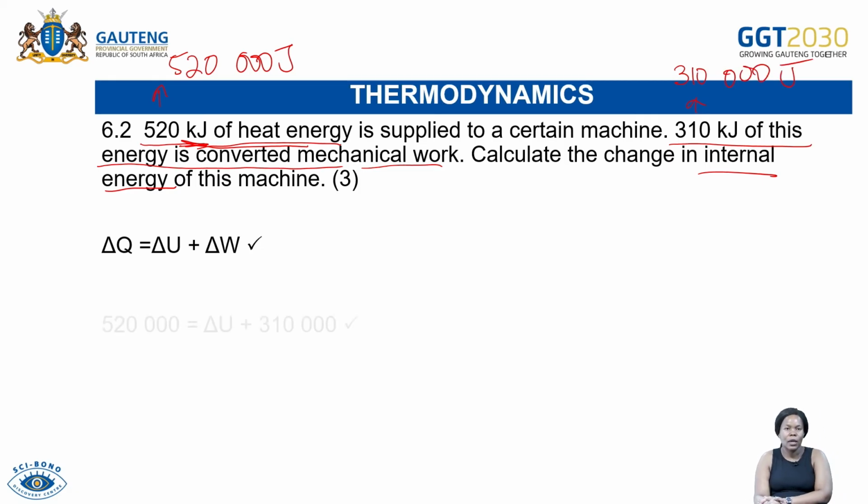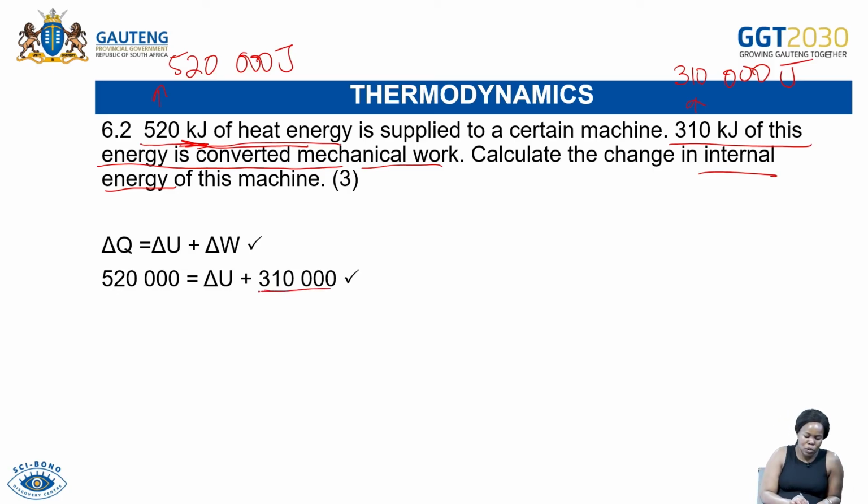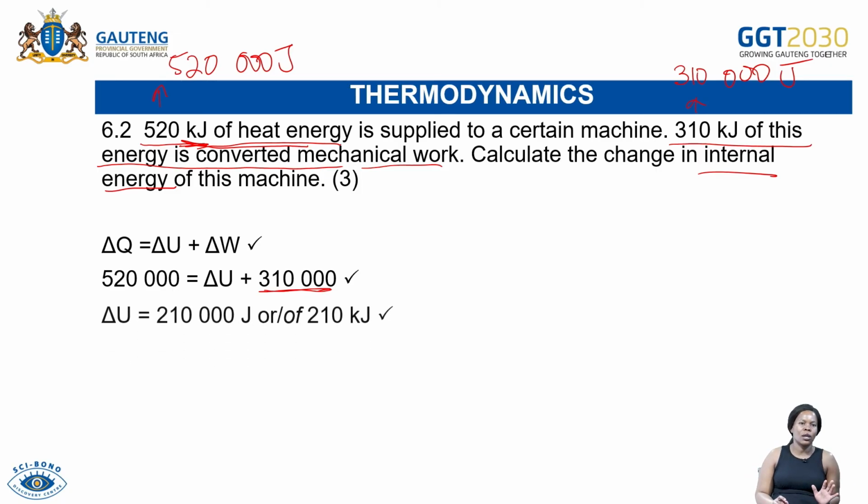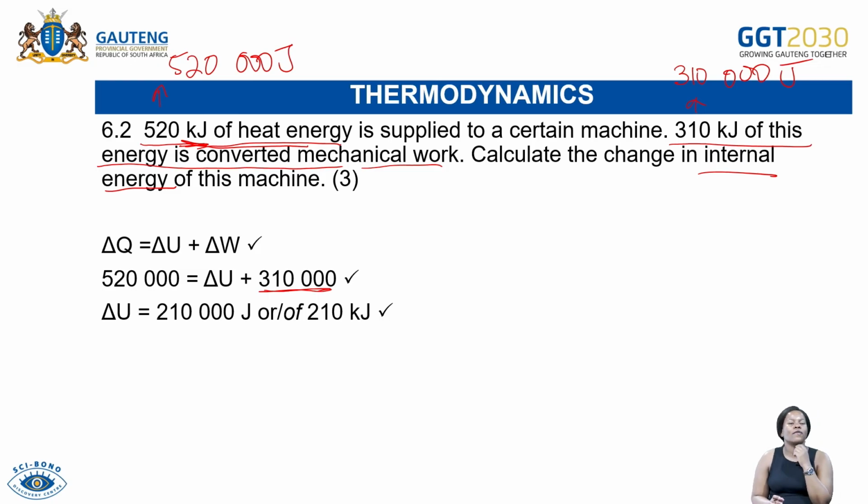I did that so that you are able to see why we have to change from kilojoules to joules. All right, so this is our substitution, and you get our final answer of change in U, which is our internal energy, which is 210,000 joules. Or someone else can just say 210 kilojoules, which is perfectly fine.